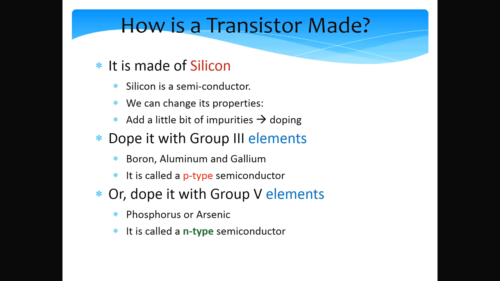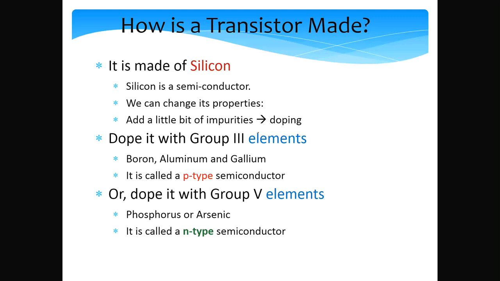Transistors were previously made with different technologies, but for the last 40-50 years they have been made of silicon. Silicon is a basic element of sand. It's a brownish, grayish material. It is a semiconductor, which means that it's neither a conductor nor an insulator; it lies in the middle.